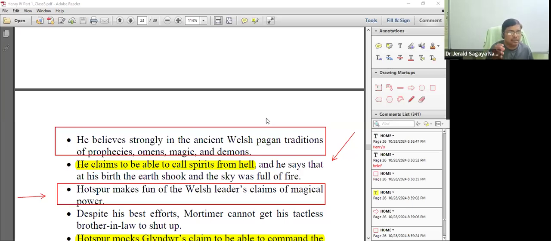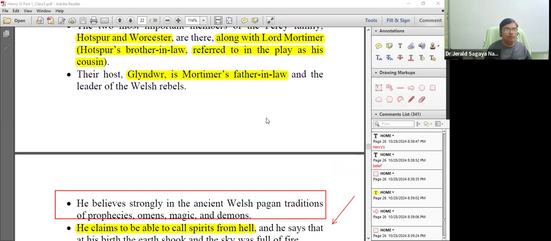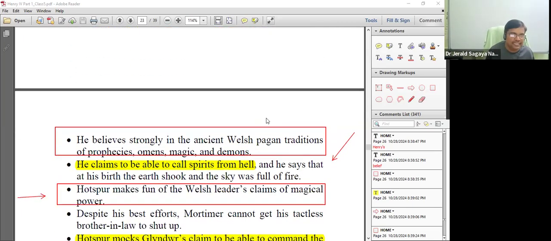When this was communicated in the gathering, Hotspur started making fun of Owain Glendower's magical power. Because of that, animosity arises between Hotspur and Owain Glendower. Do you understand the conflict that is developing there?